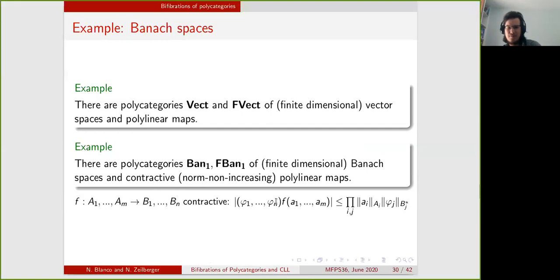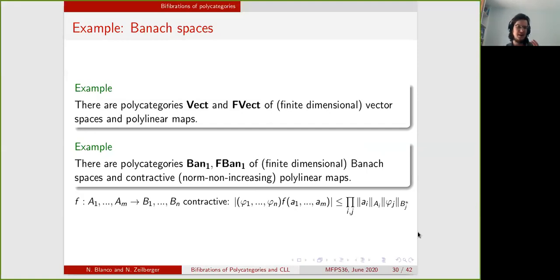Then when I plug the inputs into F, this will give me an output that is in the tensor product of all the B's. Then I can take this output and give it to the tensor product of all the linear forms. This will give me a scalar. And if this scalar has an absolute value that is less than or equal to the product of the norms of the A's and phi's, then we will call it contractive.